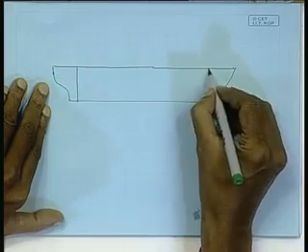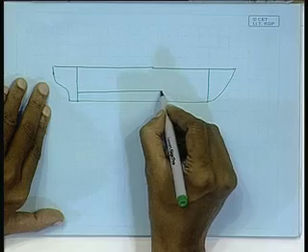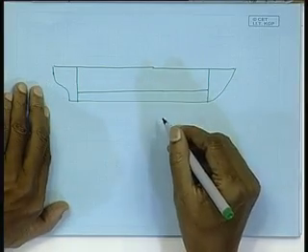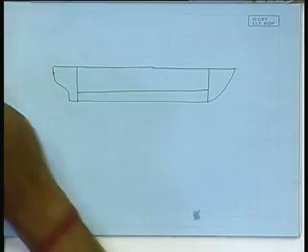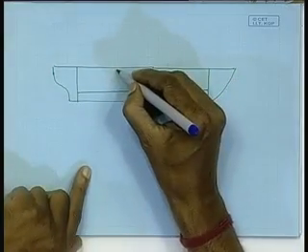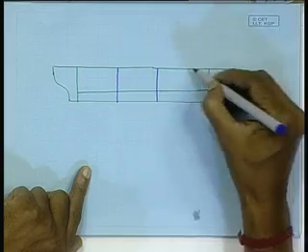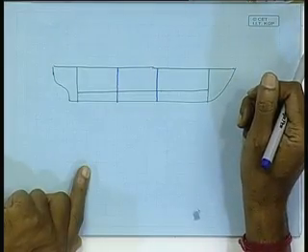The longitudinal section is, say, I am drawing only the double bottom, a little exaggerated. Say this is my double bottom, and let us assume these are my transverse subdivision watertight bulkheads. Say there are only 3 holds.